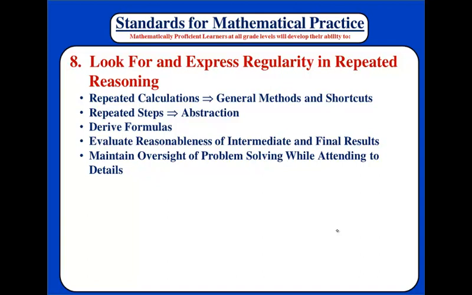Repeated steps often allow us to go to abstraction. So if we repeat a certain number of steps over and over again and we're doing the same thing, we may find that, oh, that leads us to a more general method or an abstract way of even looking at it, which even helps us to do things such as deriving formulas. So we may be able to derive some general formulas.